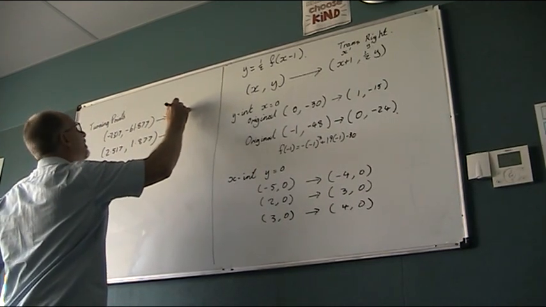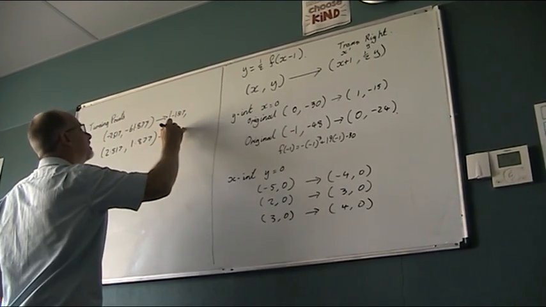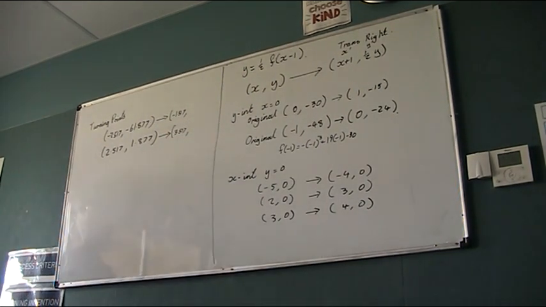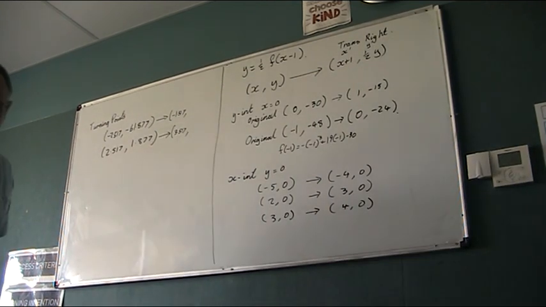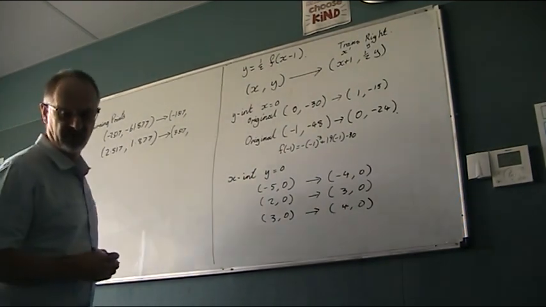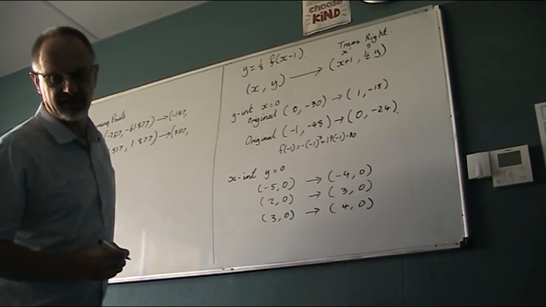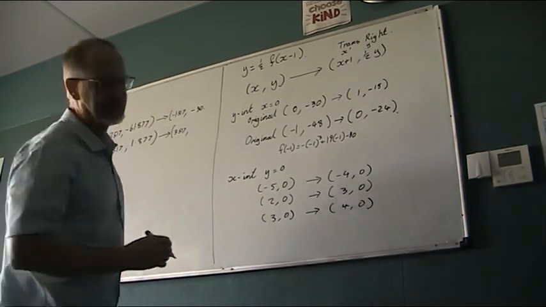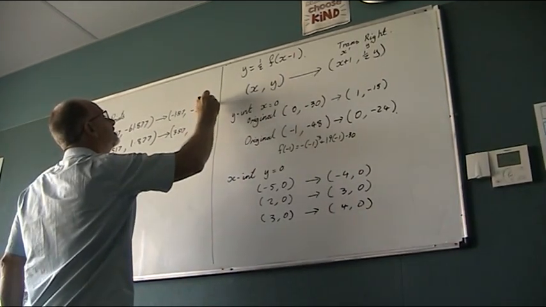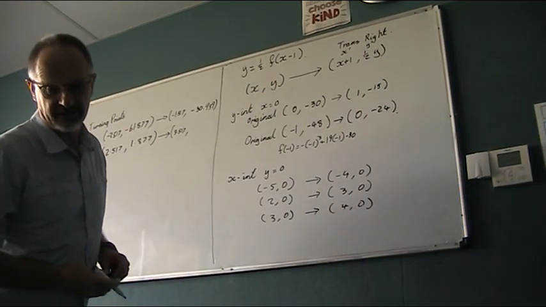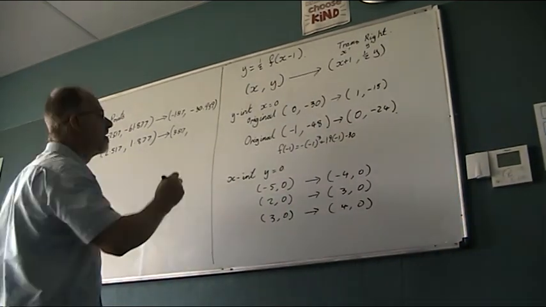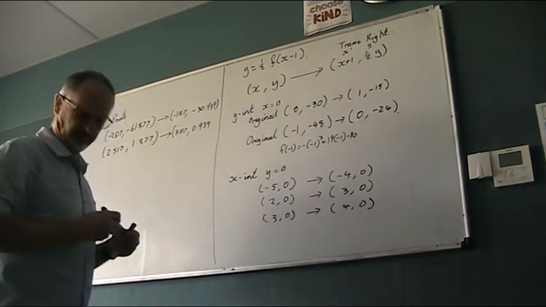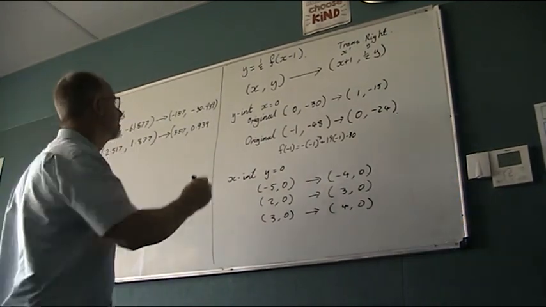Maybe 1.517, 3.517. What happens to the y? Halves, yes. So when you halve it, you get maybe -30.939, because I've prepared it earlier. And the other one is 0.939, to 3 decimal places.